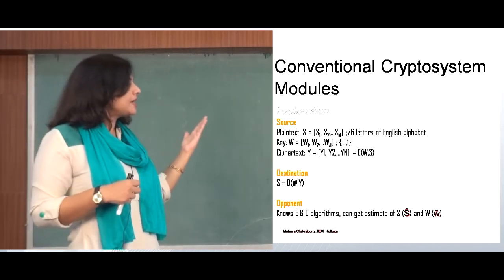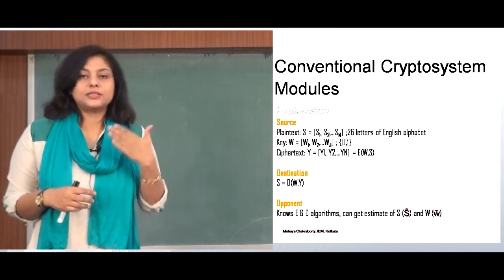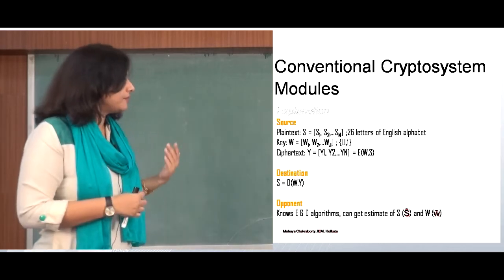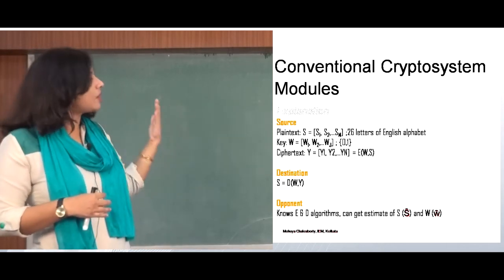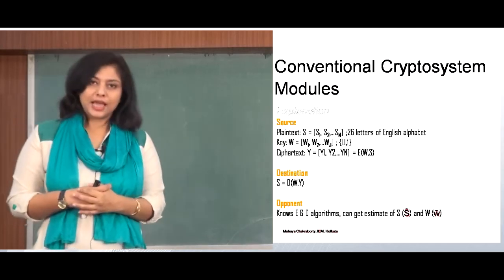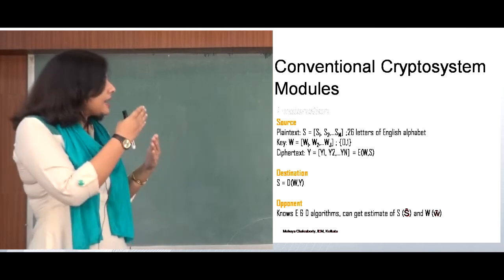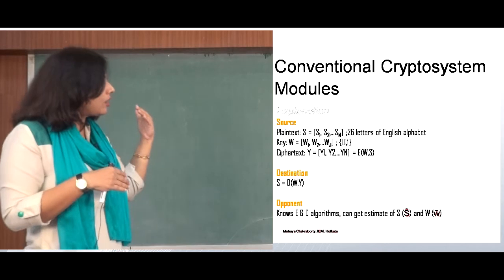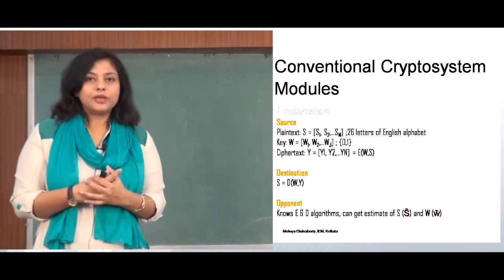The opponent knows the E and the D algorithm, that is the encryption and decryption algorithms. These algorithms are known to the opponent. From these algorithms, he wants to get an estimate of S, which is S cap, and W, which is W cap. So with an estimate of S and W, and operating on the encryption and decryption algorithm, the opponent tries to find out the value of S.